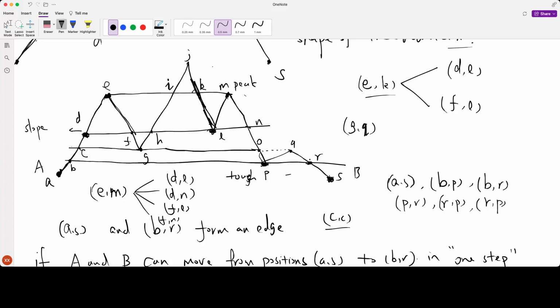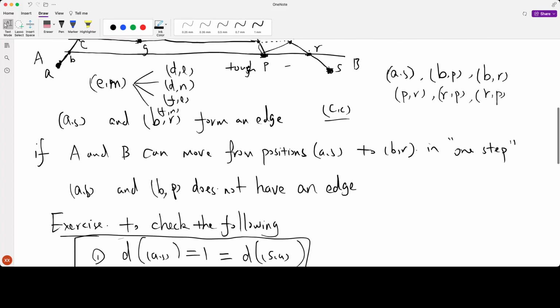However, it has no edge. It is an isolated vertex. Its degree is 0. Because here at the point G, he can only go up, and here at the point Q, he can only go down. So there are no other vertices you can join. So the degree of this guy is 0.